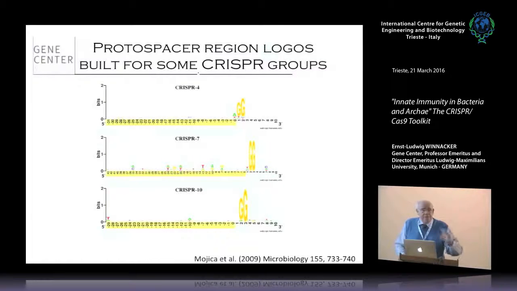And if there's no PAM, no protospacer adjacent motif, then things don't work. That becomes important tomorrow when we talk about genome editing, these guide RNAs, the RNAs which guide the nucleases to the proper regions of the genome. They always require this kind of element. Otherwise, it simply doesn't work.